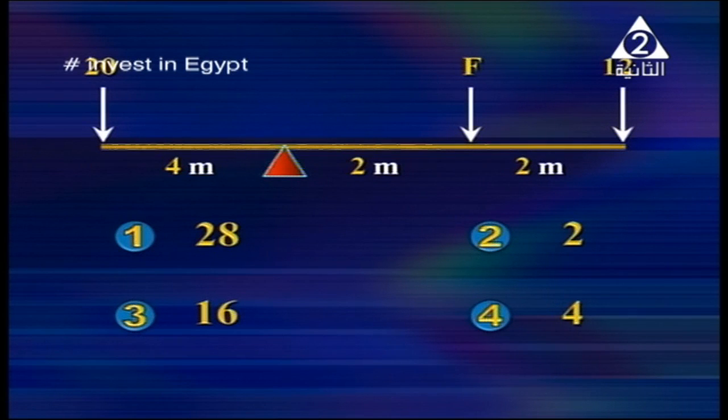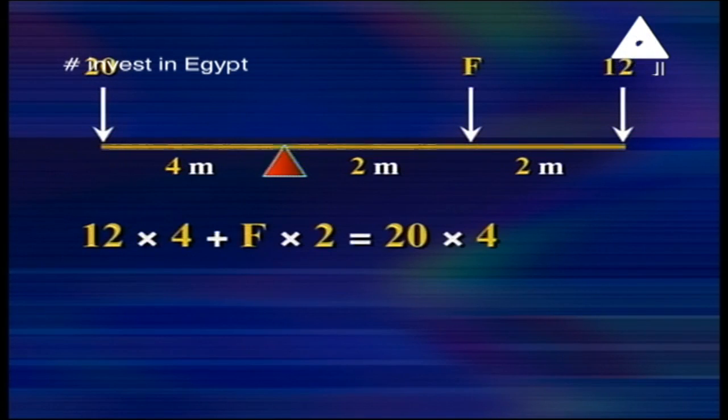Look, my dear student, the rod is in equilibrium. Then we find the moments: 12 times 4 plus F times 2 equals 20 times 4.